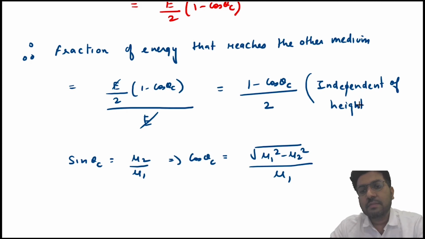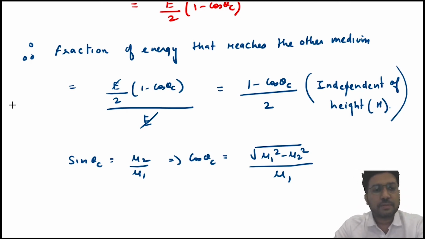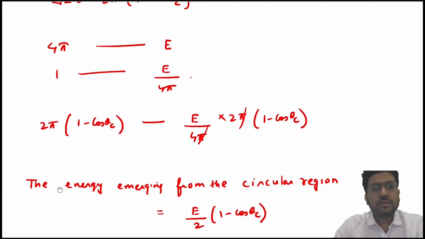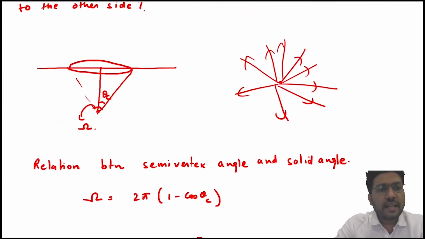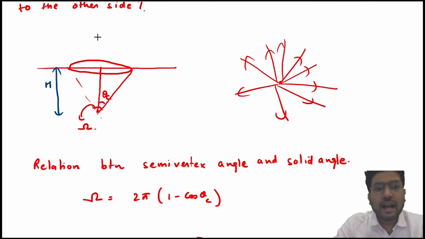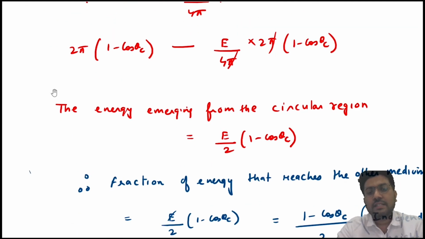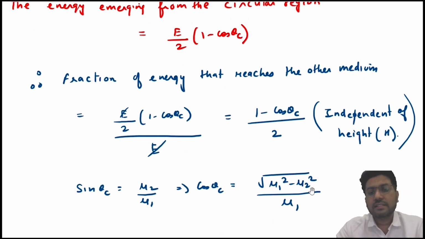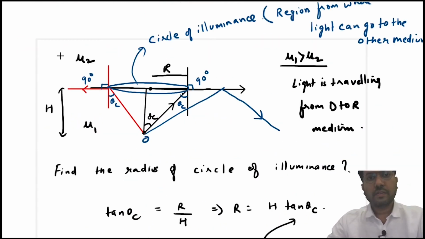So whatever be the height of the object, the fraction of energy which is coming out of the interface will remain the same, 1 minus cos theta c by 2, where cos theta c is under root mu 1 square minus mu 2 square divided by mu 1, right?